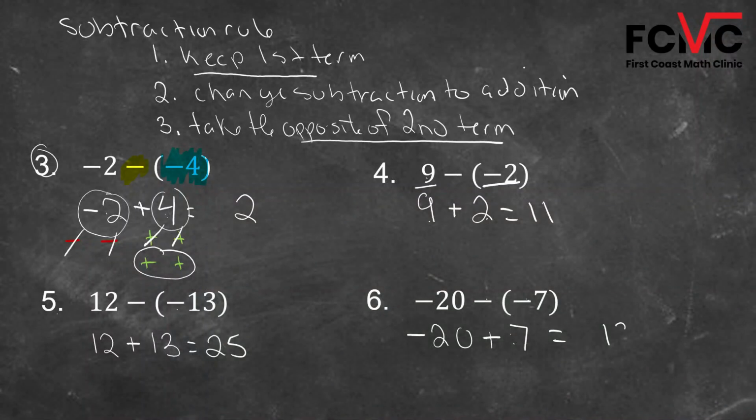The difference is 13. And which of these two numbers is further from 0? Is it -20 or is it the 7? Well, -20 is further from 0 than 7, so our answer is going to be negative. We should get -13 here.